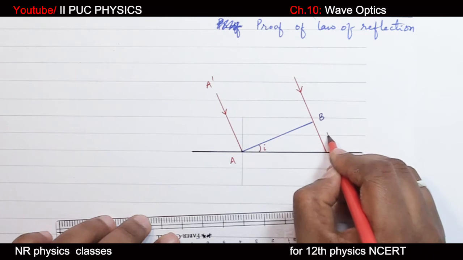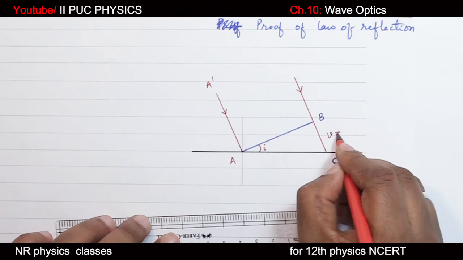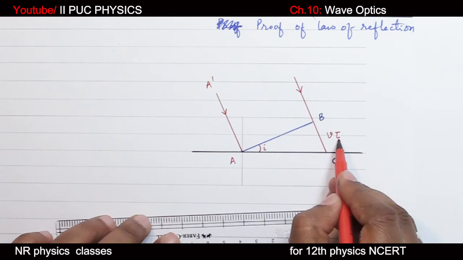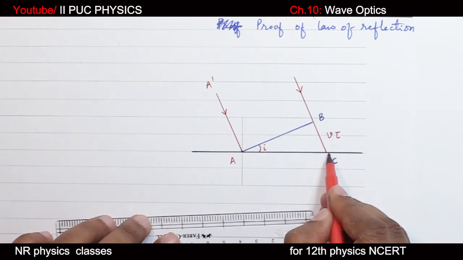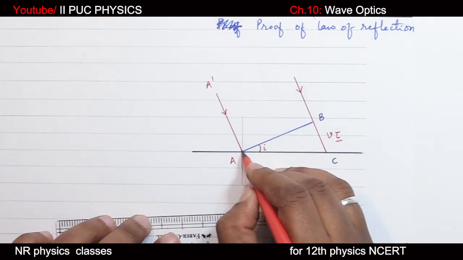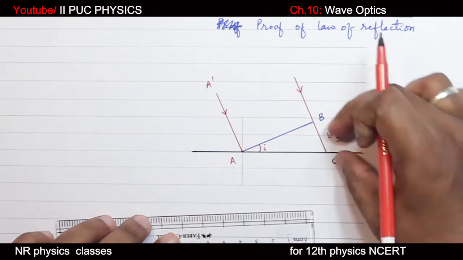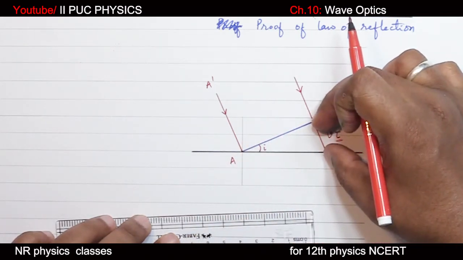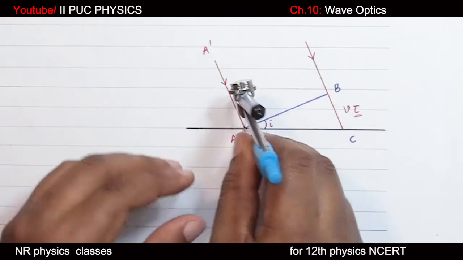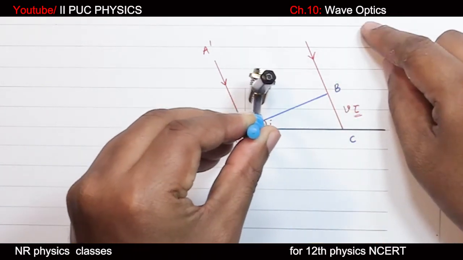If v is the speed of the wave in this medium and tau is the time taken by the wave to cover BC, then speed into time is the distance BC. During this time, the distance traveled from A should be V tau, because reflection takes place in the same medium. So keeping V tau as reference, I should draw an arc, keeping BC as radius.